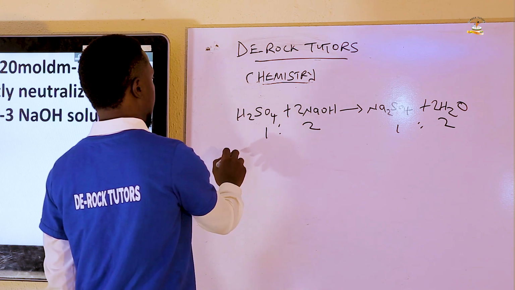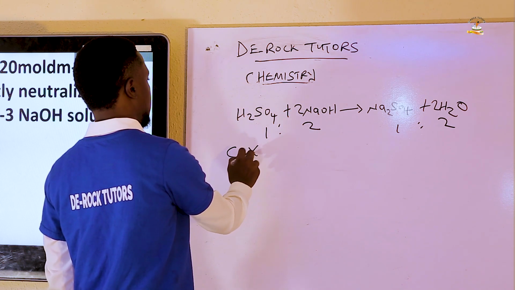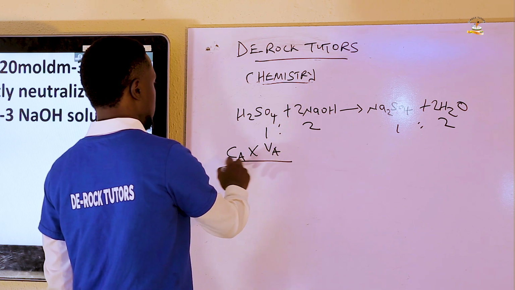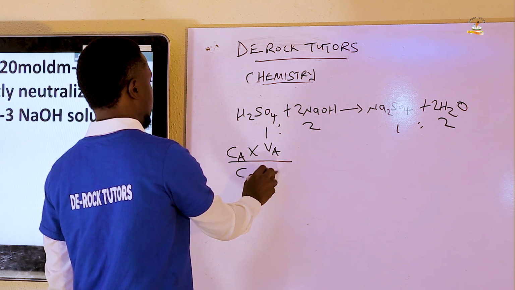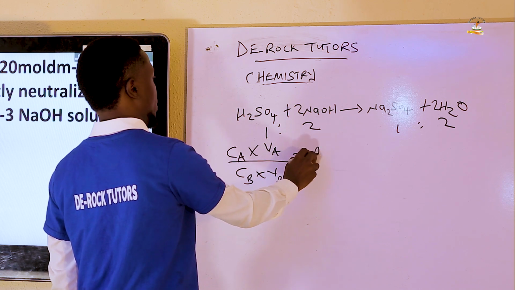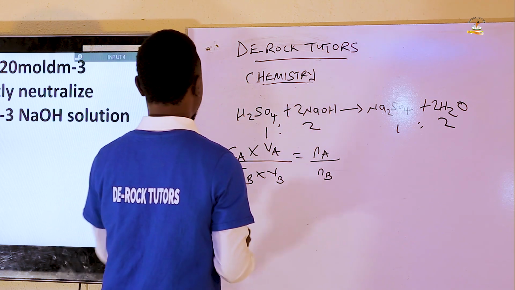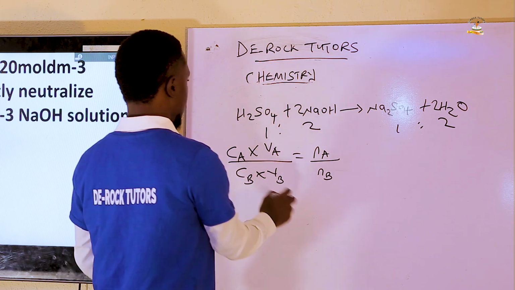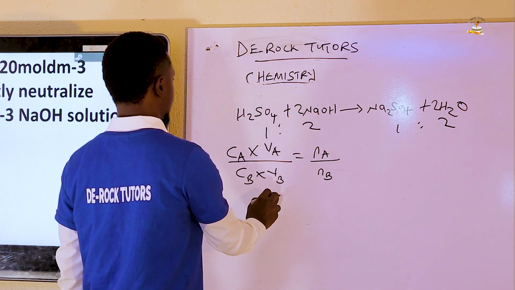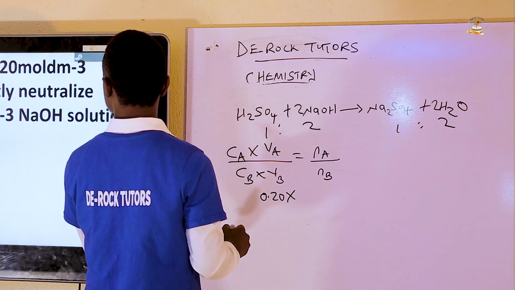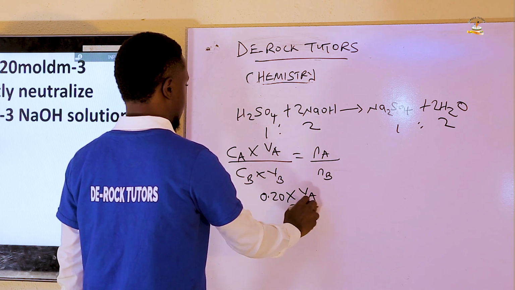Now using the formula, concentration of acid times volume of acid over concentration of base times volume of base, equals number of mole of acid over number of mole of base. Okay, so concentration of acid from the question is 0.20 times the volume, which is what we are looking for, volume of the acid.